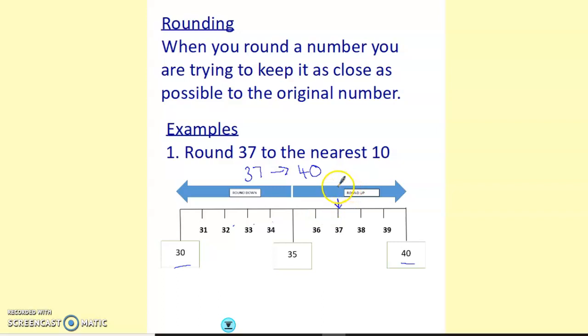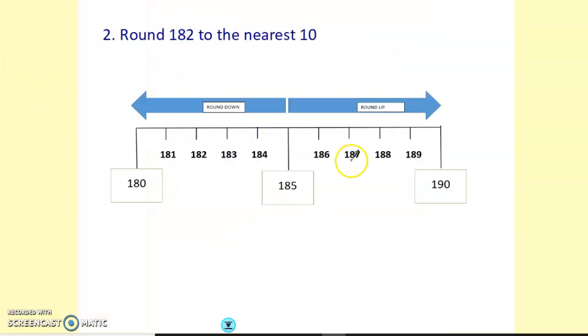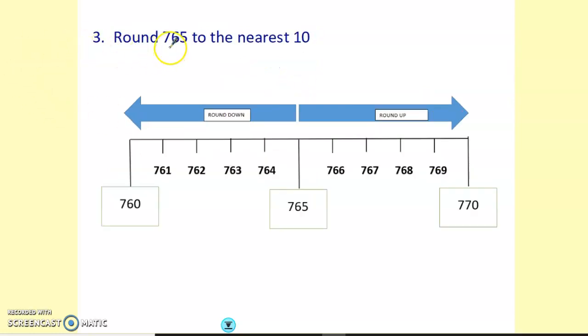Let's try some more. 182 to the nearest 10. Now 182 is between 180 and 190. 182 has a 2 at the end, so it rounds down. 182 would round to 180. 765 to the nearest 10. 765 is between 760 and 770.